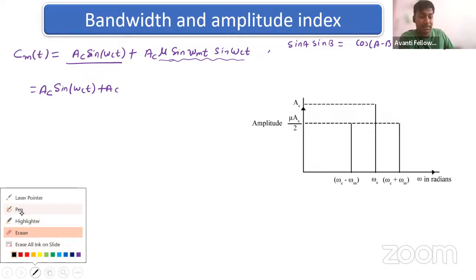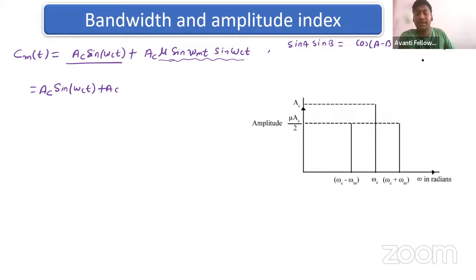In that case, the expression will be cos of omega c minus omega m, or you can also write omega m minus omega c.